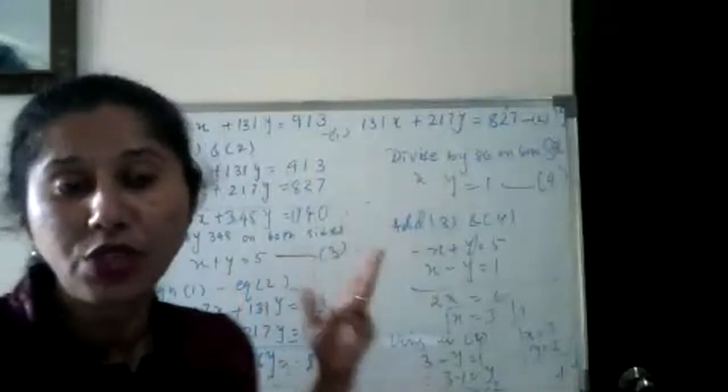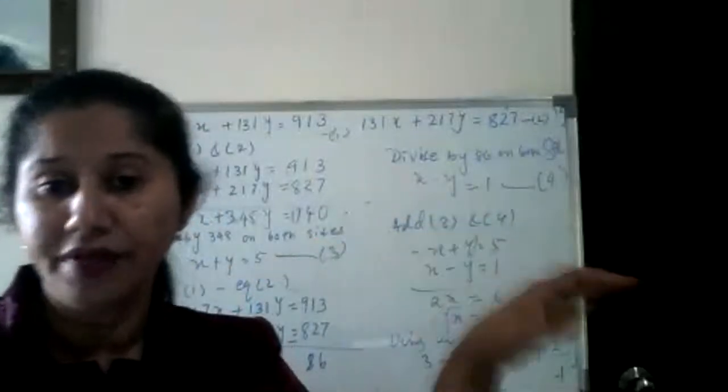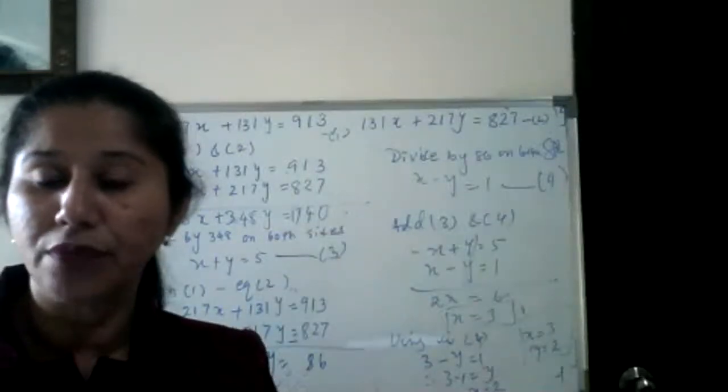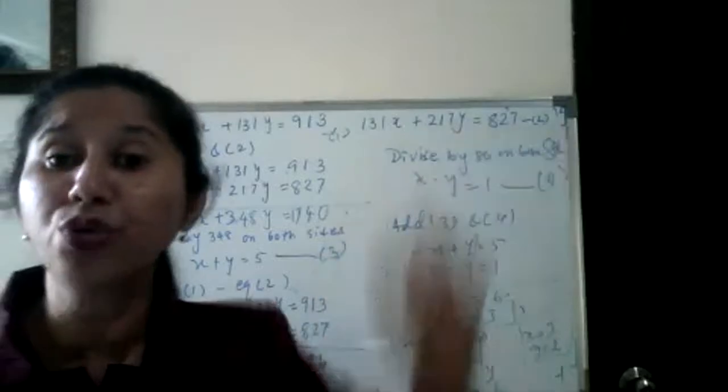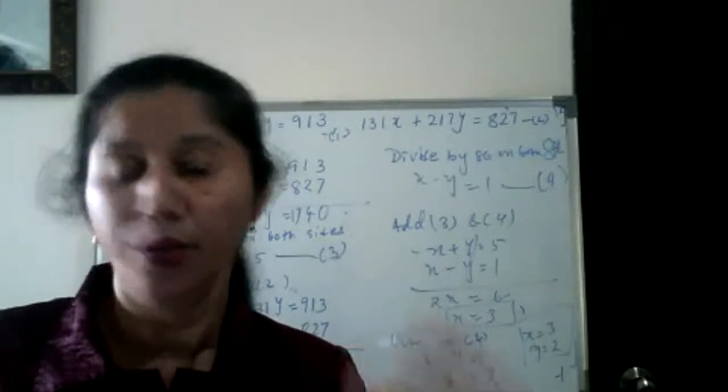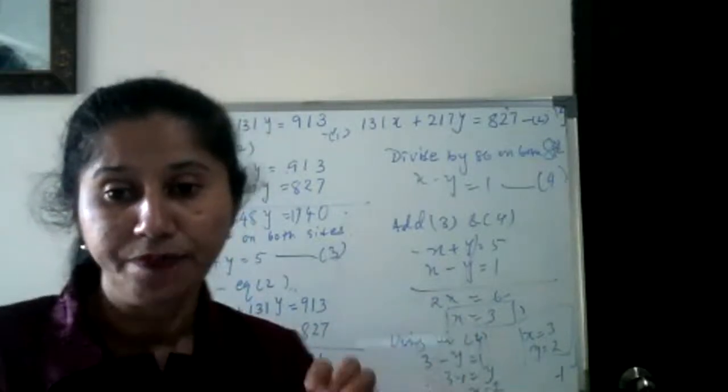I hope you are clear with these two examples. पहले ऐड फिर डिवाइड करके कुछ सिंपलर, फिर सब्ट्रैक्ट, then divide by some number and you get simpler equations. फिर जो दो नए इक्वेशन मिले उसको हम सॉल्व करेंगे. So we get the values of x and y. I hope I'm very clear with this. Okay.